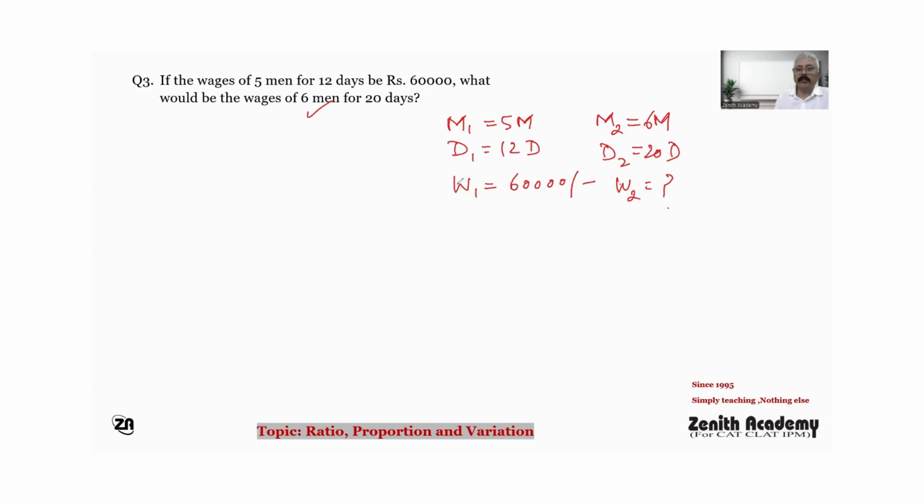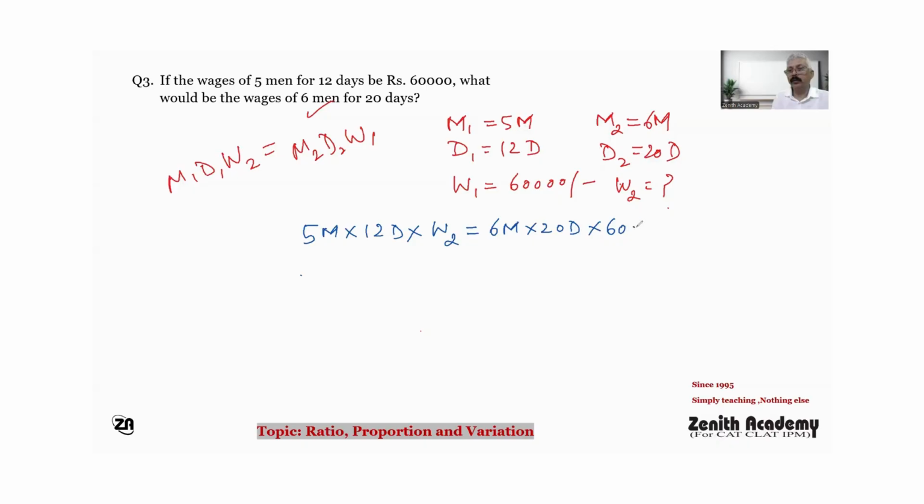So now put in the formula. M1 is 5M, D1 is 12D, W2 is to be found out. M2 is 6M into 20D into W1 is 60,000.